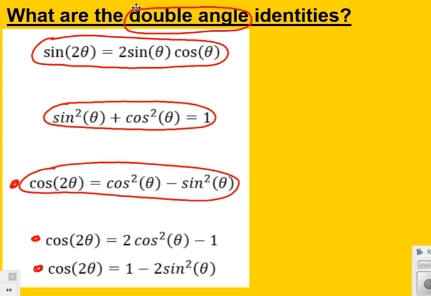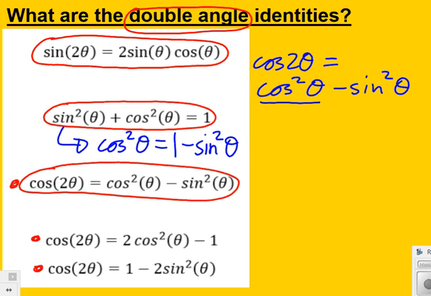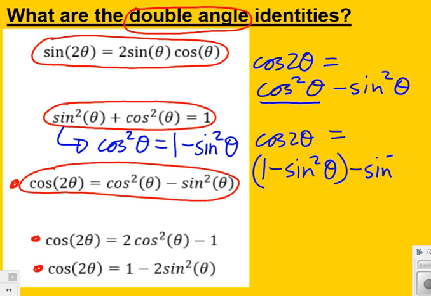If we just look at the first one, cosine 2 theta equals cosine squared theta minus sine squared theta. But we know from the Pythagorean identity that cosine squared theta must equal 1 minus sine squared theta. And if we replace that here, we get cosine 2 theta equals 1 minus sine squared theta minus sine squared theta.